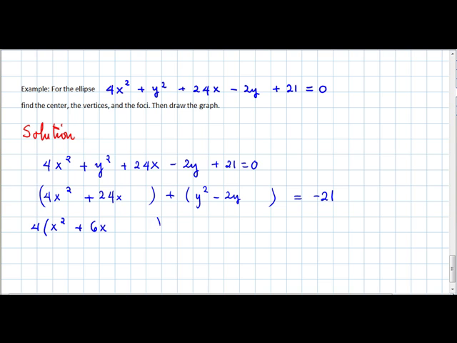Now remember, to complete the square, we need one more term here because we want this to become a perfect square. So I leave a space there, and for the y, I just copy it down and add one more term. Alright, so let's do that.